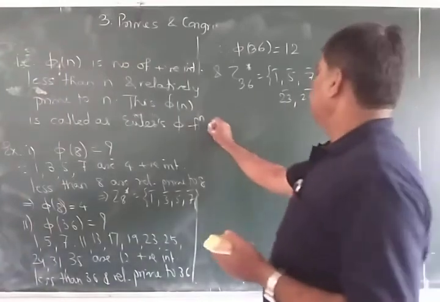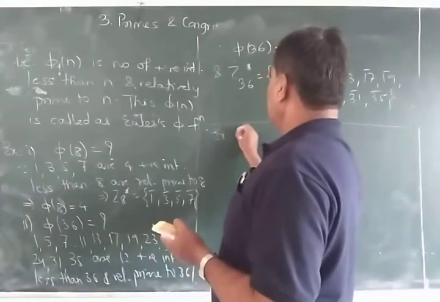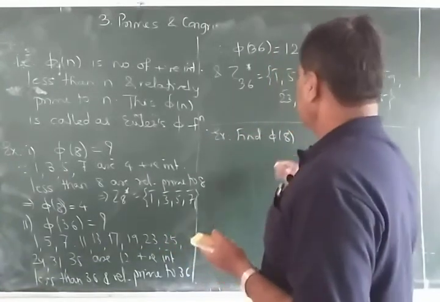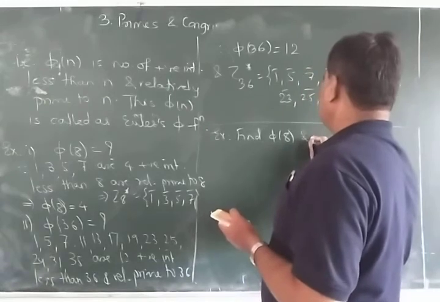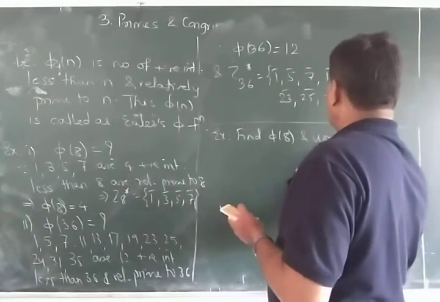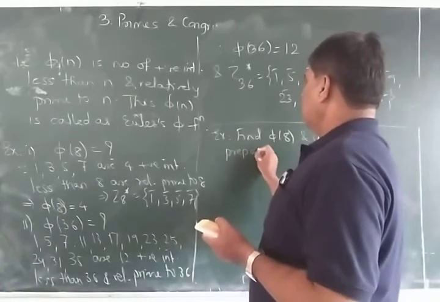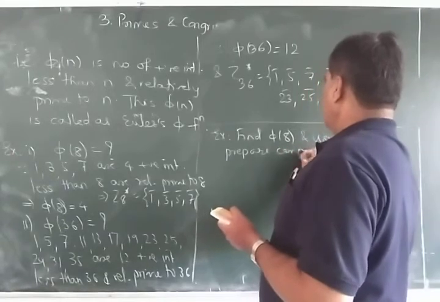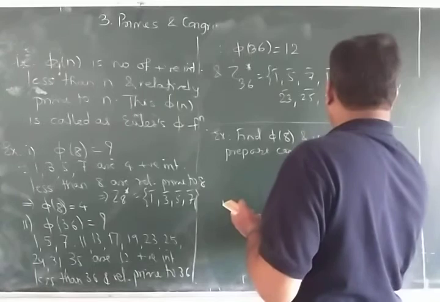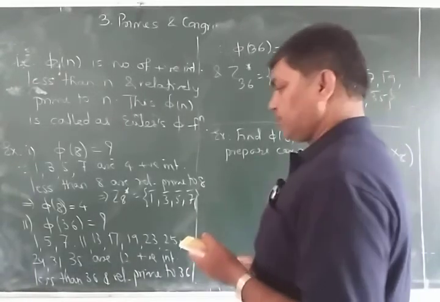So if I take the example, find phi of 8 and using it prepare the composition table of Z8 star under multiplication modulo 8.